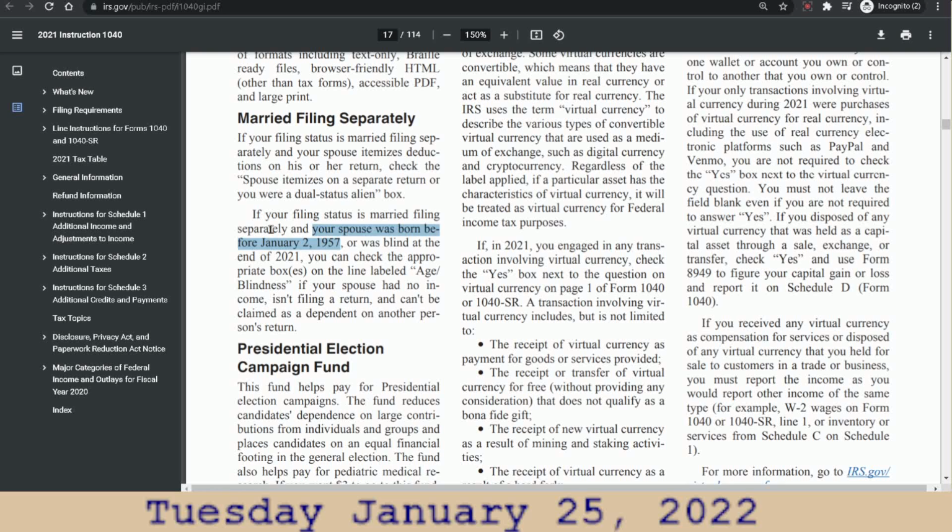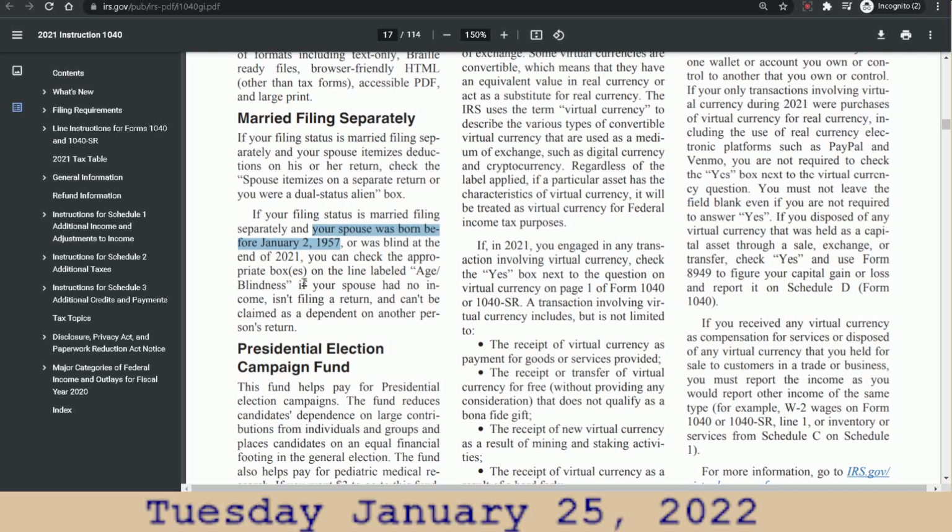And so if I had that and that, then I would write that down on paper. Very easy to see. And it says, or was blind at the end of 2021. Let's say that did not apply in this case. And then I would check the appropriate boxes on the line labeled age blindness.